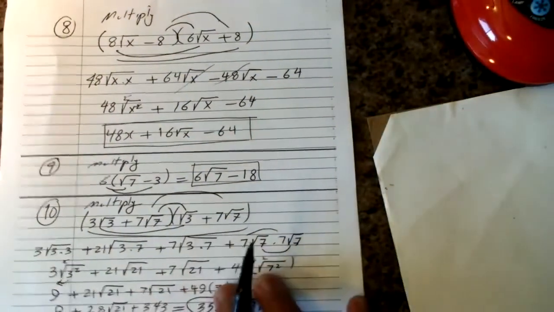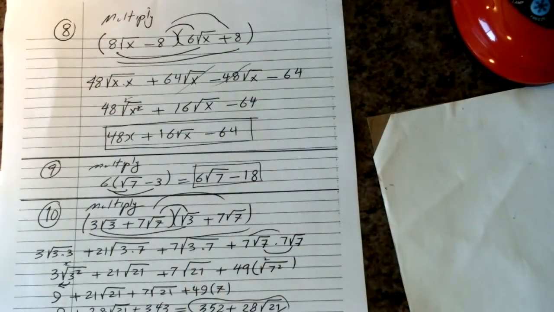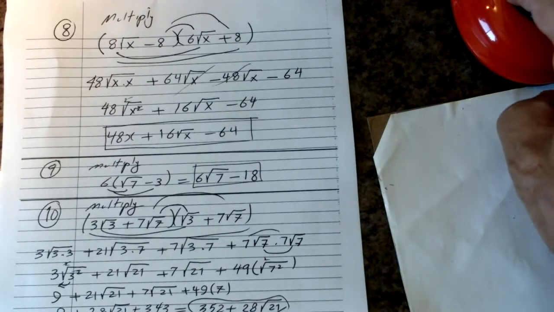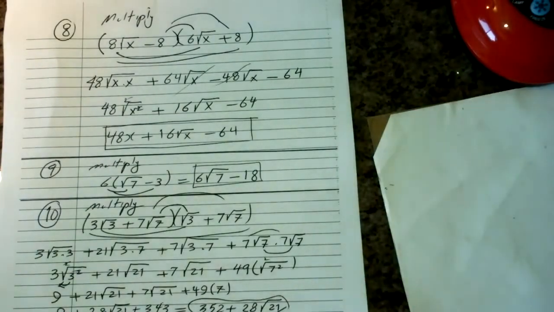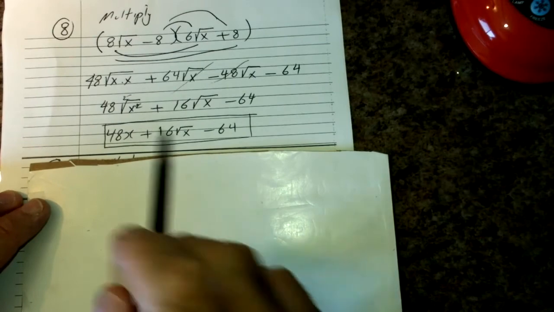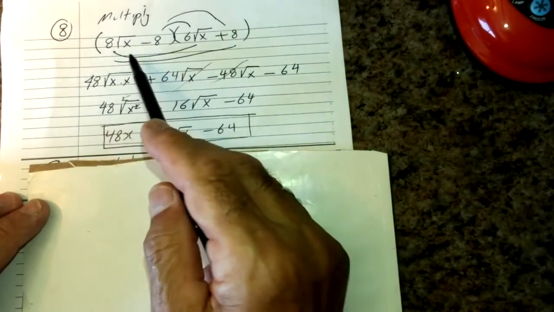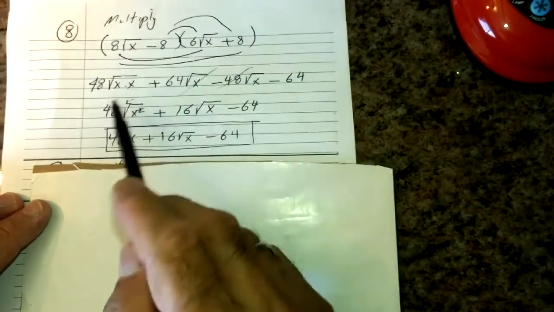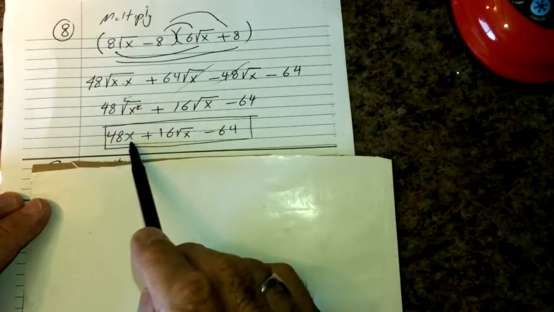So here you are taking 8 radical x times 6 radical x, which is 48, and eventually it's 48x.